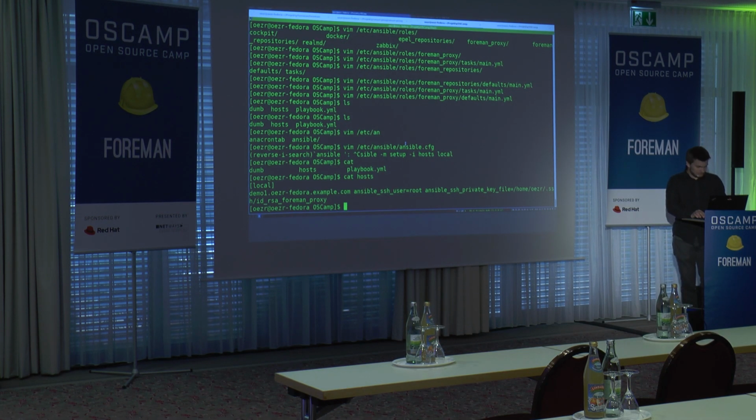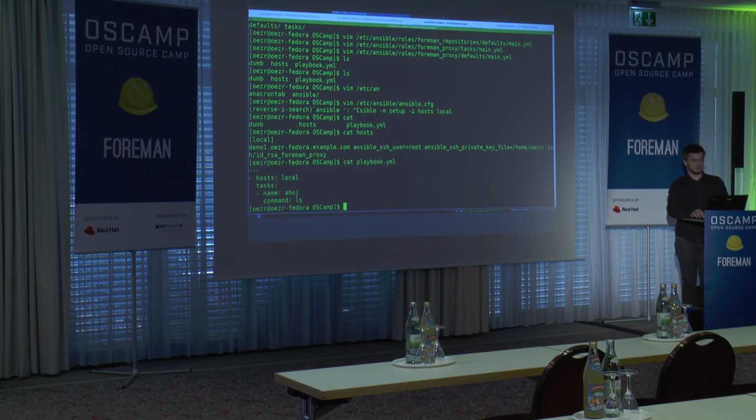So, we have this inventory, and we need some playbook to run. And I have this: use the local group from that inventory, and just say hello to the host.